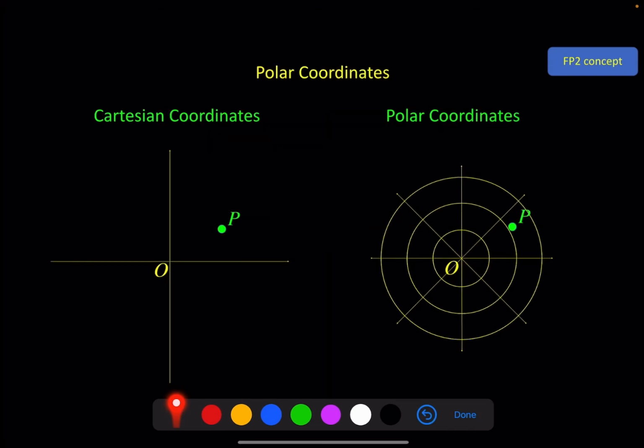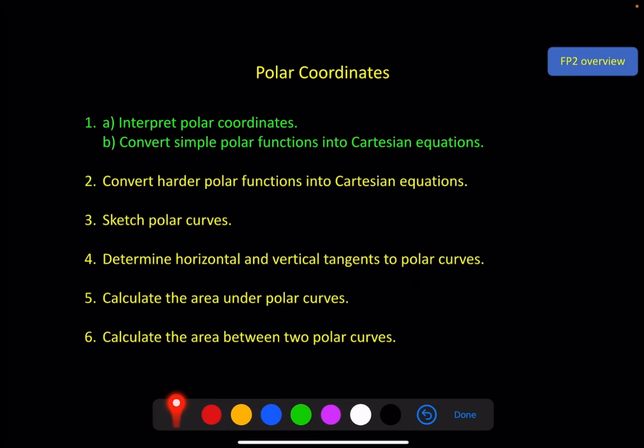We've got Cartesian coordinates x and y, and polar coordinates: the radius, how far out from O, and the angle from the positive x-axis, which is what you're used to this being, but we're going to start calling it the initial line for polar coordinates. The initial line just means where the angle theta is going to be 0, where we're going to measure theta from.